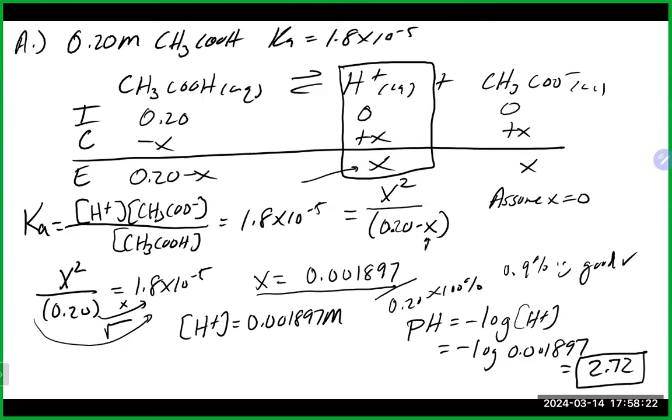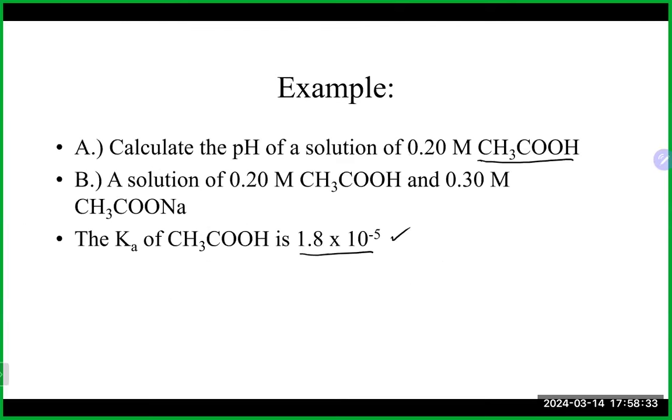So now let's take a look at part B here together and see what happens to the same acetic acid solution if we take the acetic acid solution, and in addition to having the acetic acid solution there, we're going to throw in there 0.3 molar sodium acetate with it. So we're going to drop in a salt with our weak acid.